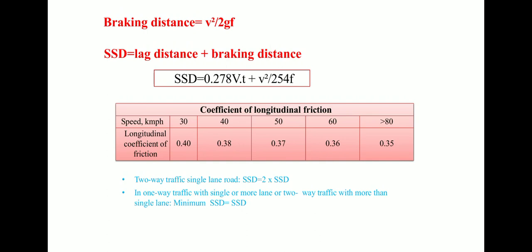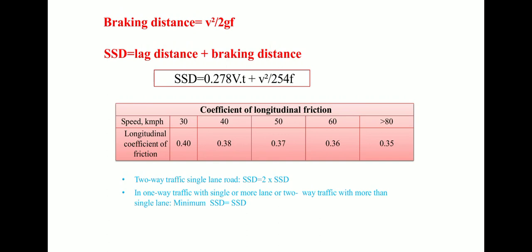Now, there is one more simple formula: SSD, stopping sight distance, is equal to V into T plus V square upon 2gf, that is, V square upon 2 into g into f. This formula is for V in meters per second, and the earlier one is for V given in kilometers per hour. Whichever you feel is easy, you can use that.